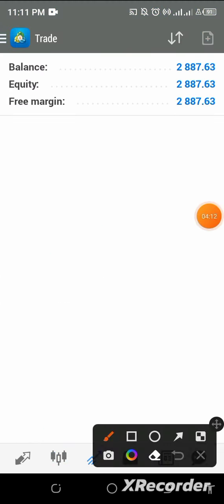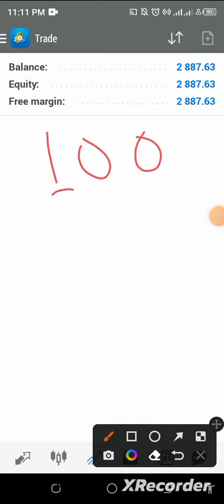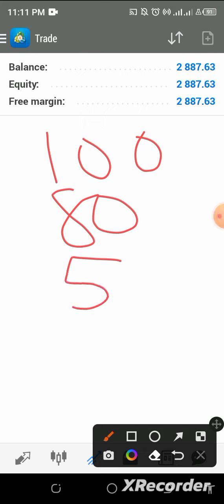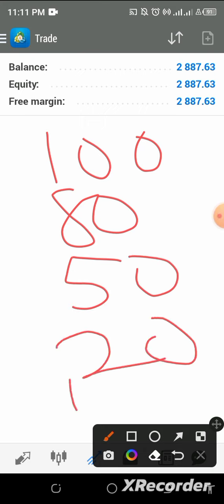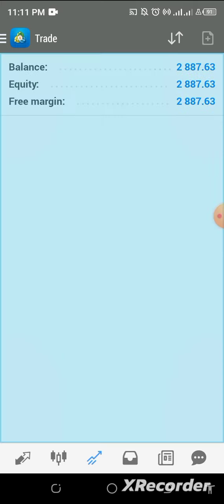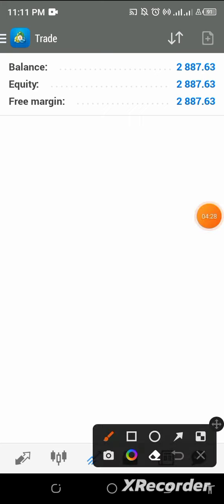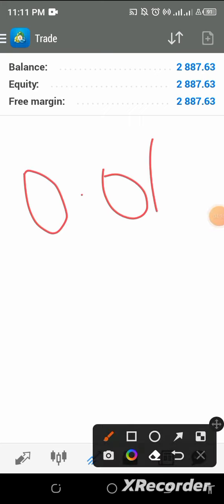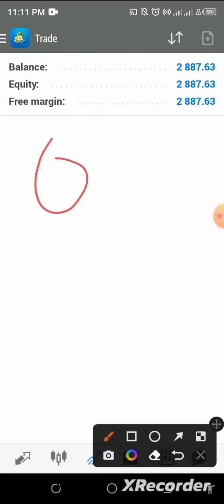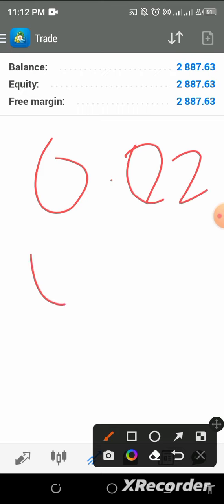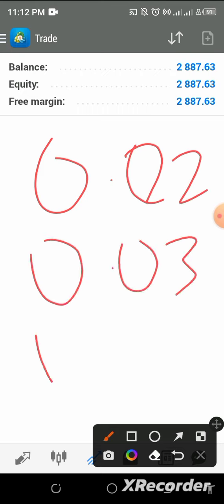Assuming you have a $100 account, $80 account, $50 account, $20 account, even a $10 account, the lot size for this is 0.01. Any lot size that is higher than this, maybe 0.02, 0.03 on a $100 account, is over trading. That is to say, you are risking more than 1% of your trade.